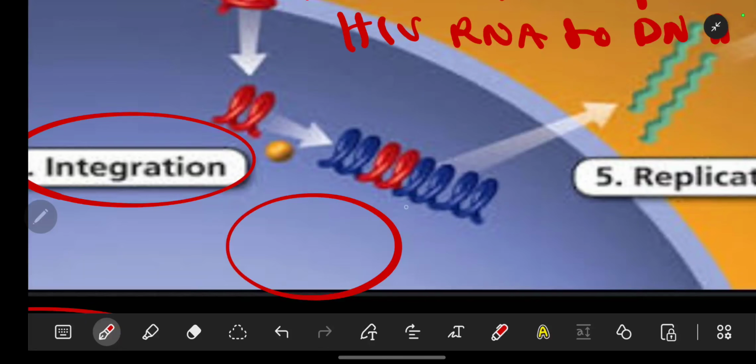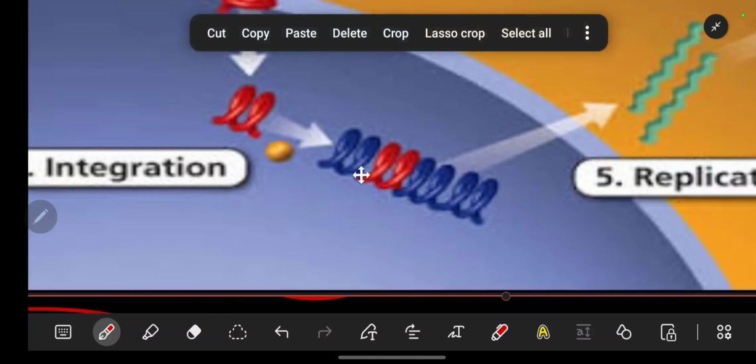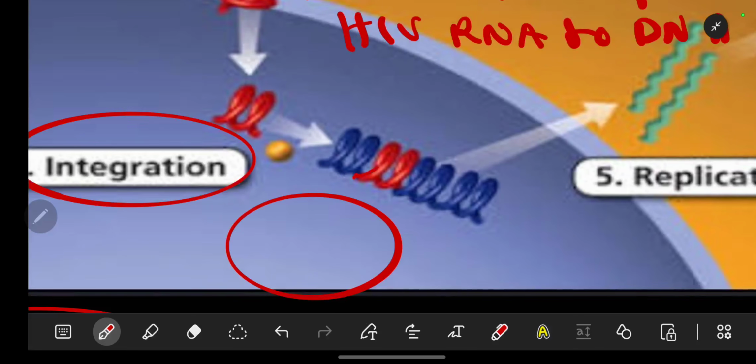When it enters the nucleus, it will be able to integrate itself, or rather insert itself, into the host DNA, as you have seen with this red thing. It attaches or inserts itself into the host DNA.